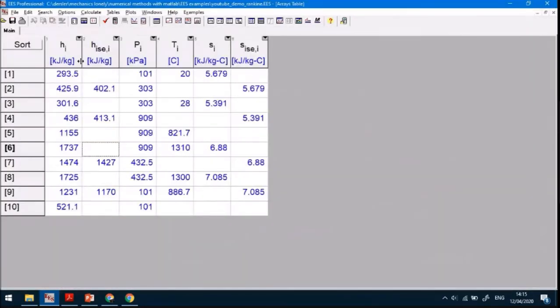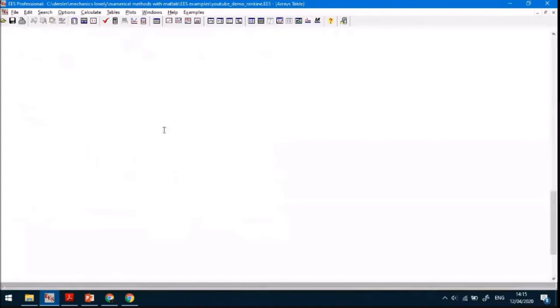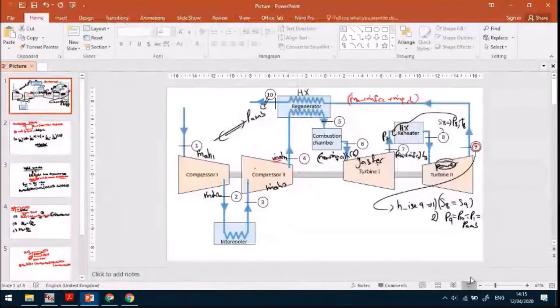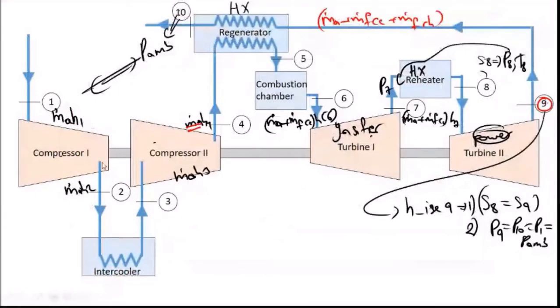And I have the value for H10. I have solved the problem and all of the enthalpy values are found, so it means that the problem is solved. So for any cycle, if you have the enthalpy values, it has been solved.